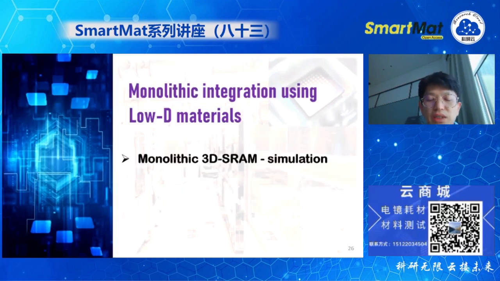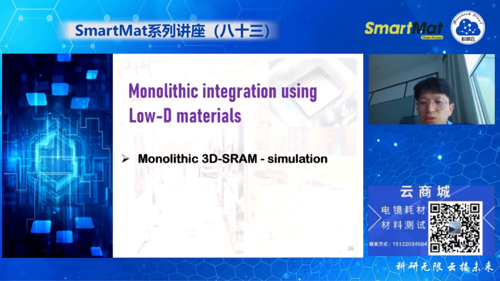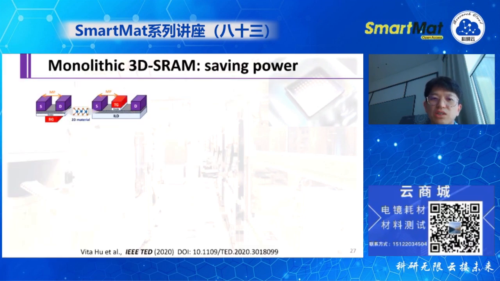Okay, so let me go to the final part: monolithic integration using low dimensional materials. Initially, I had a lot of examples, but due to the time limit, I just want to talk about the simulation part and how low dimensional materials can do something useful for monolithic integration.